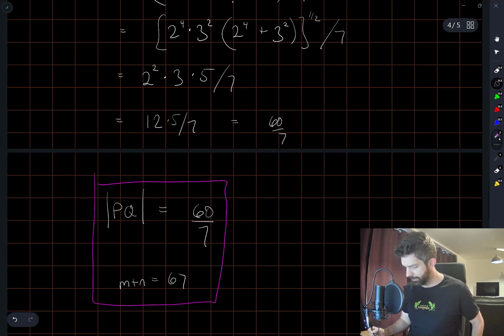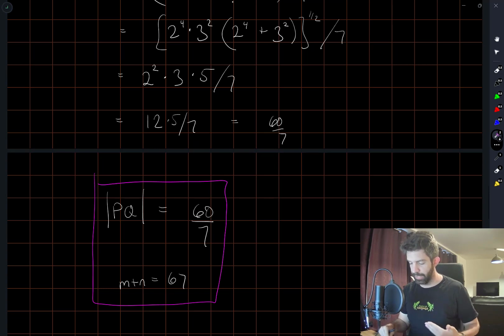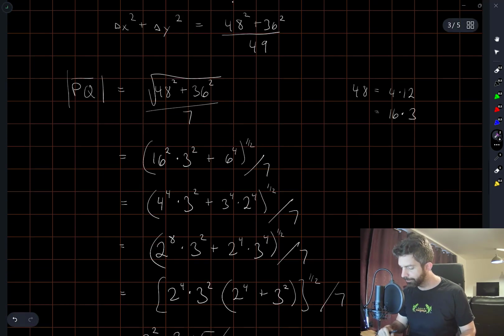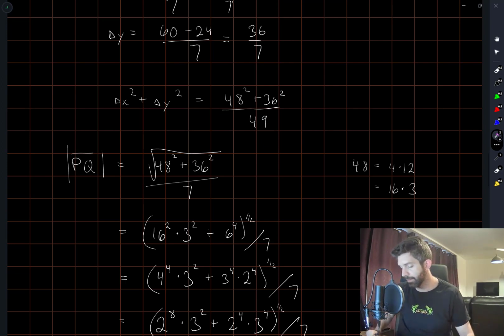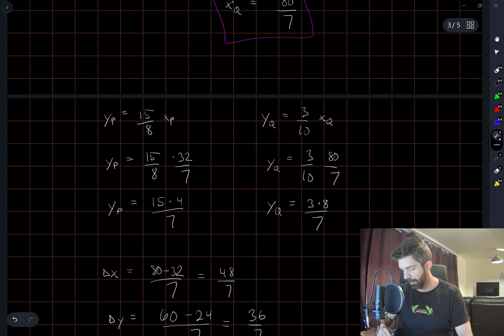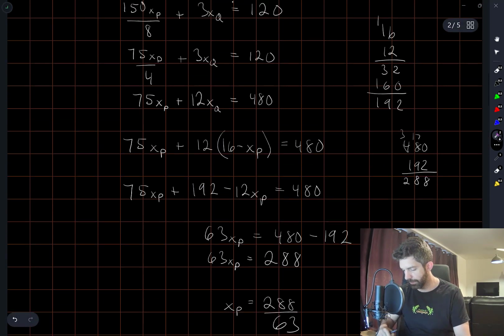The fact that we're told that the length of PQ is a rational number, and after all my computations I do in fact get a rational number, gives me a little bit of confidence in my answer. In general, the length of this line segment could have been the square root of something which is not a perfect square, and that would have been an indication that I made a mistake somewhere. But I'm fairly confident in all of this.